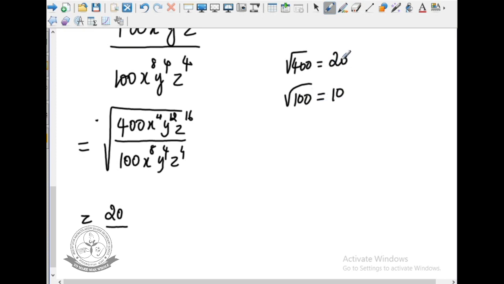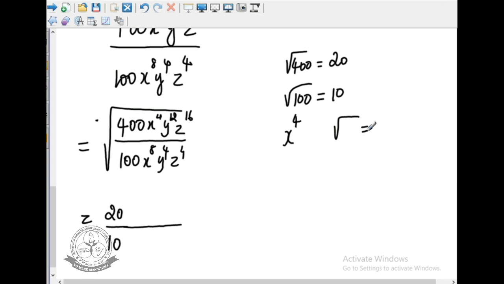So instead of the square root of 100 I will take 10. Then I will come to the variables. Here x power 4 is there. If I have any degree, that is 4, the square root value is 1 by 2. So 4 multiplied by 1 by 2, I will get 2.